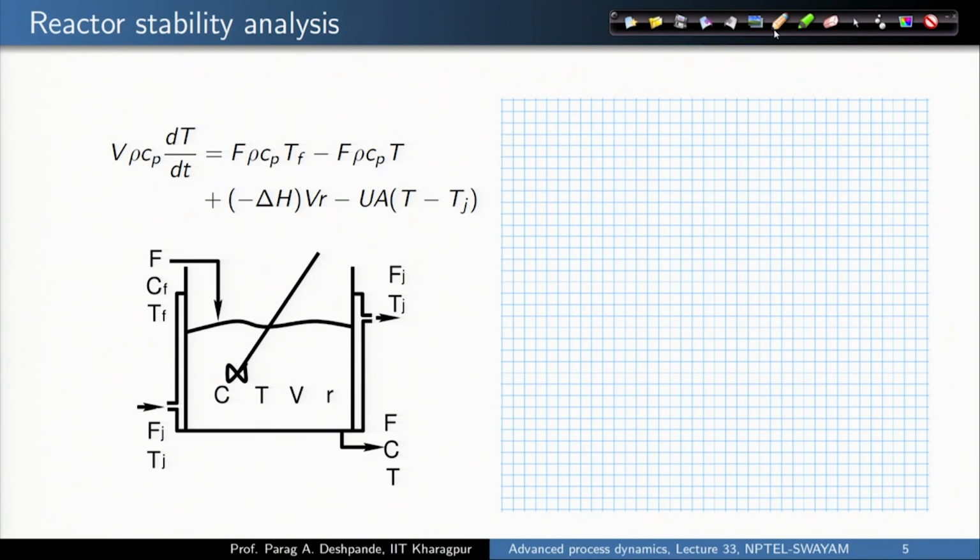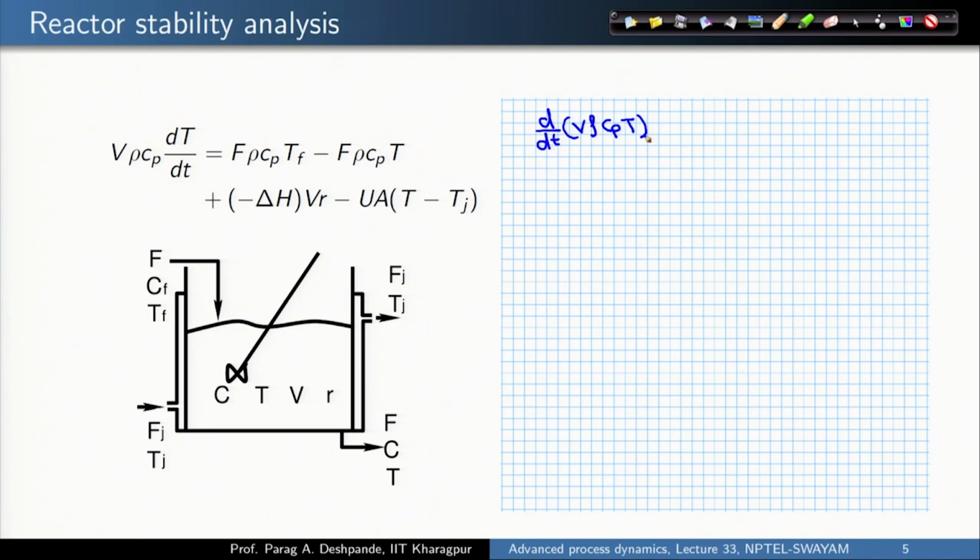So, therefore, if M C P T is the energy content of your system, then I can write d by dt of m, where M is given as volume times rho, C p times T is the change in energy of the system.